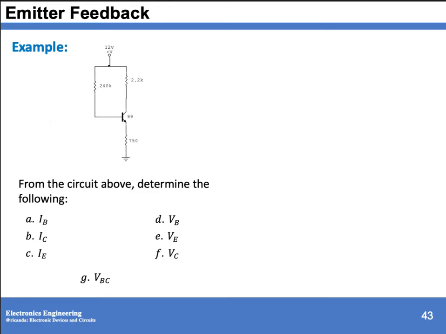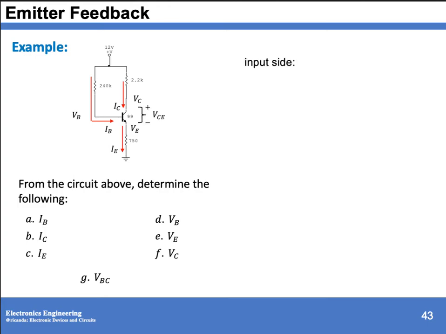So during DC analysis, we have this circuit, we have IB and IC going into your transistor, and IE is going out from your transistor. So this is our voltage at the base, voltage at your collector, and voltage at your emitter. Between your collector and emitter, we call that VCE.